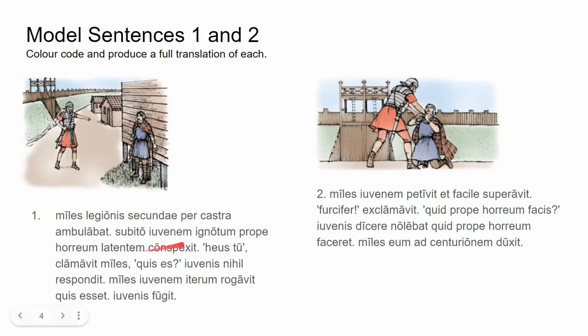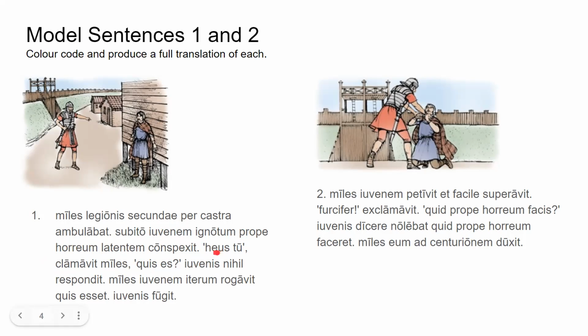So ignotum is going with iuvenem, but the prope horreum is nested in between the noun and its adjective to let you know that he's hiding near the granary, not that the soldier saw him near the granary. "Eu, tu," hey you, clamavit miles, shouted the soldier, "quis es?" who are you?